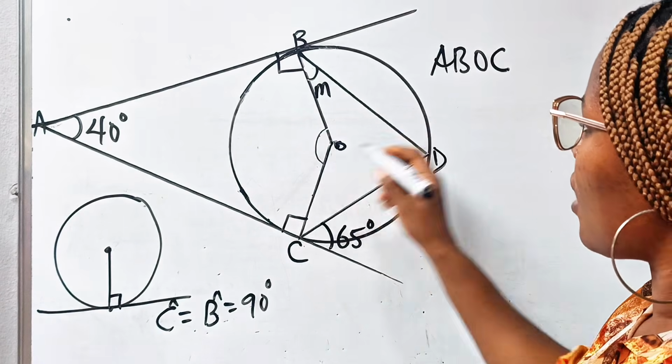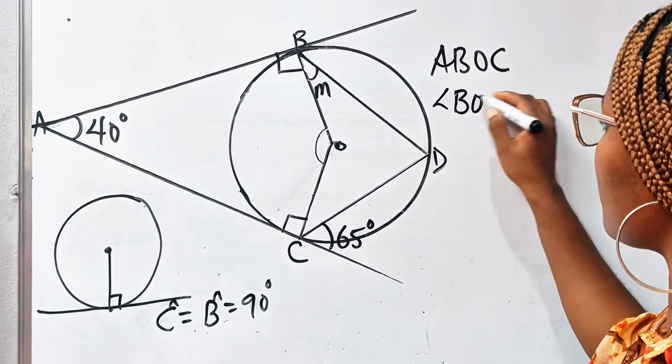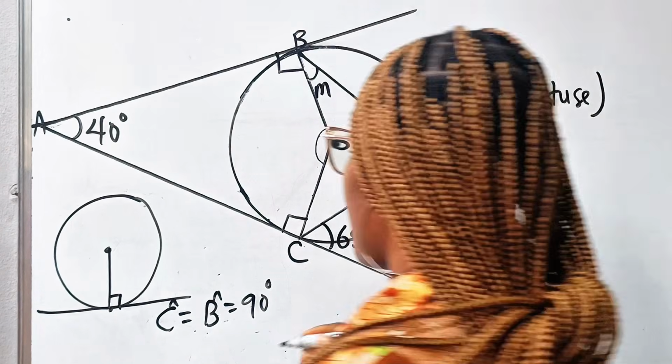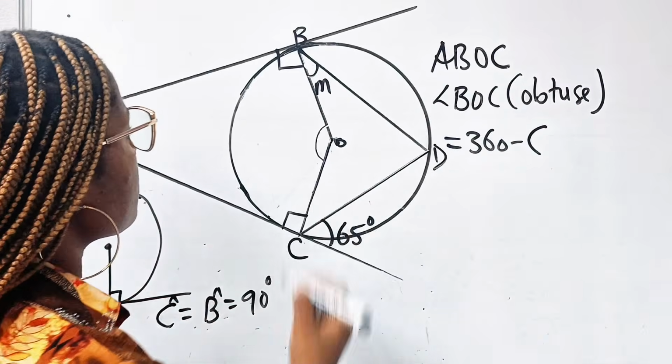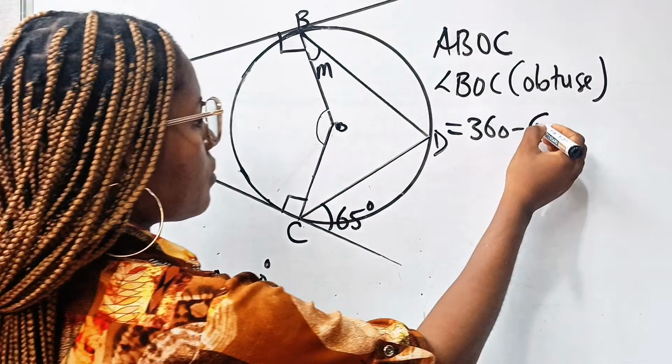So it means that obtuse angle BOC will be equal to 360 minus 40 plus 90 plus 90.